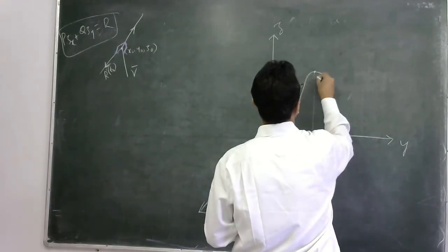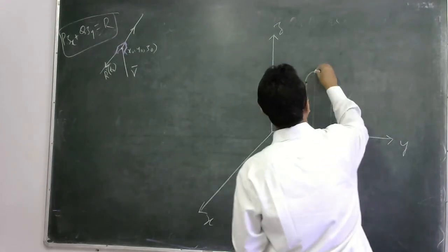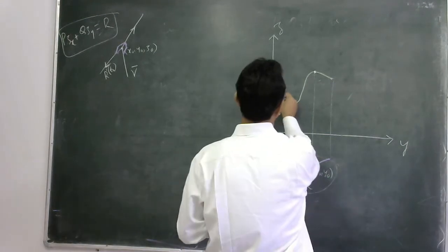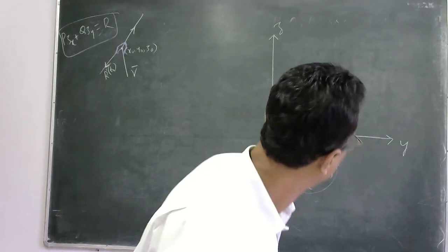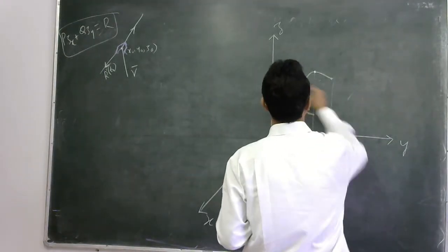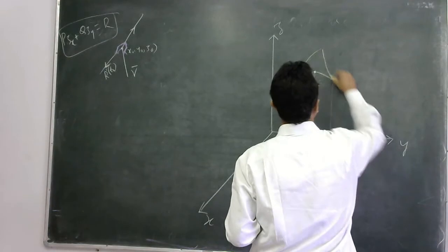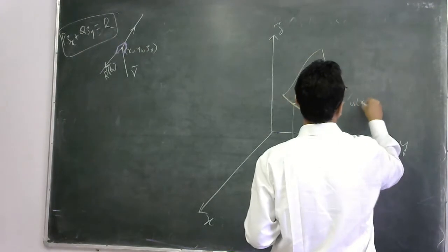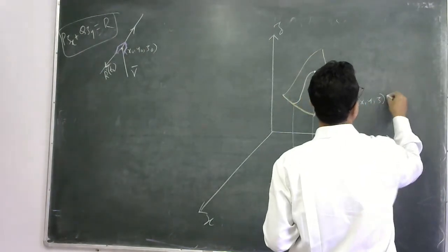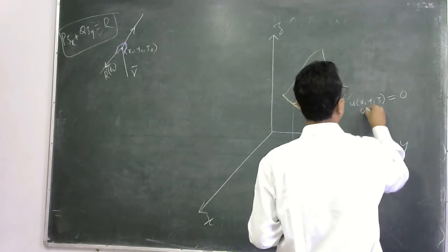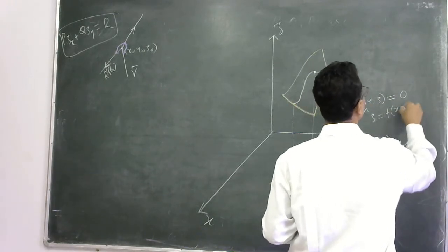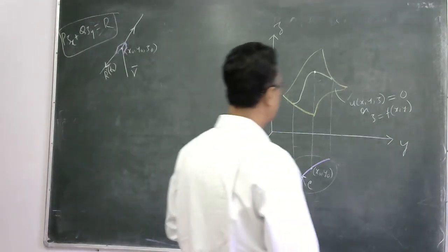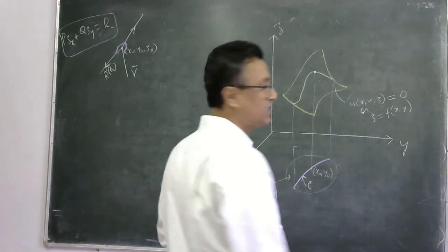So then this is okay. You know that this is x naught y naught z naught. I'll change it accordingly. So then I have a surface like this. This surface is u(x,y,z) equal to 0 or z equal to f of xy, such that what?